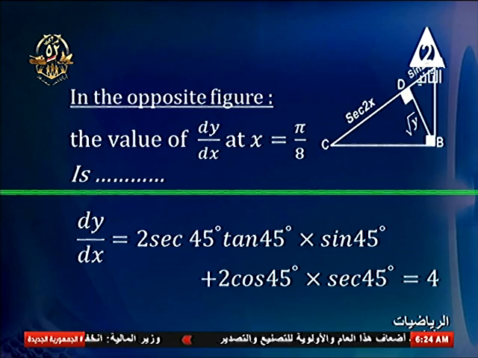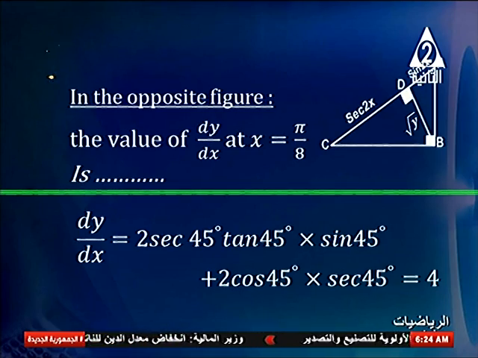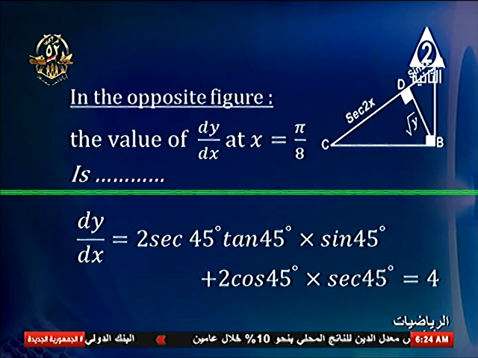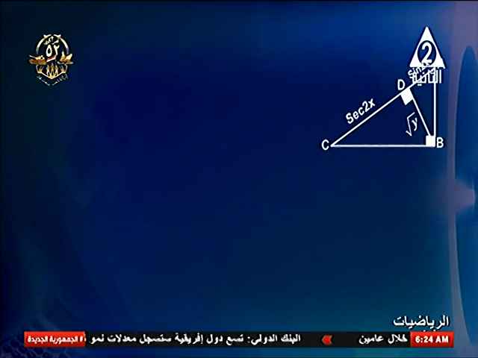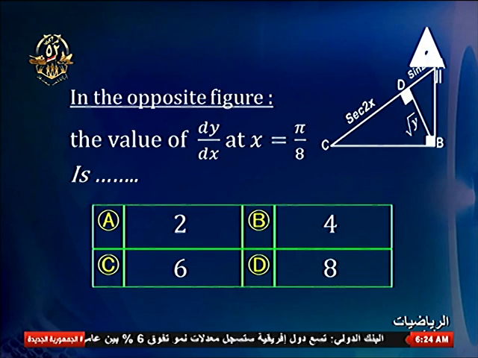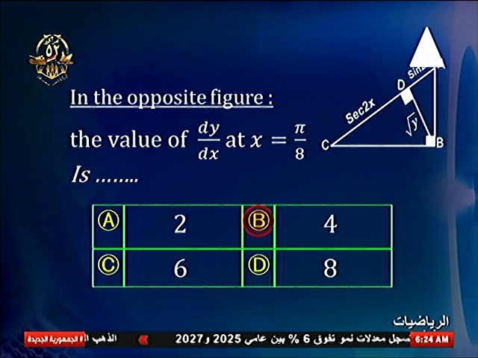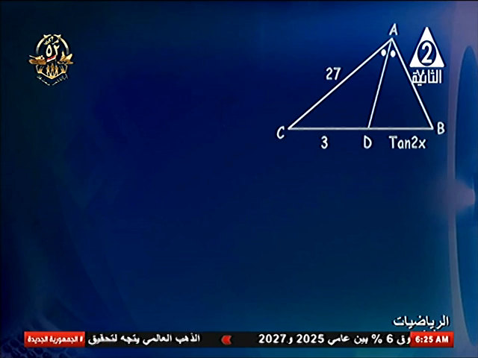When x equals pi over 8, multiply 2, we get 45 degrees, and the answer is 4. The correct answer is 4. Which letter is the correct answer? Letter B. Now we move to another example.